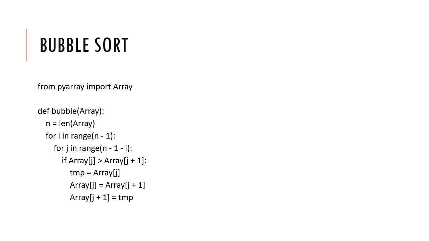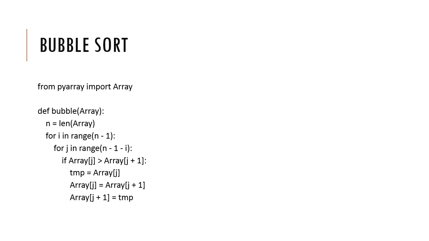The outer for runs from 0 to n minus 2. The inner for runs from 0 to n minus 1 minus i, where i is the counter of the outer for. We do a comparison in which we see if array[j] is greater than array[j+1].